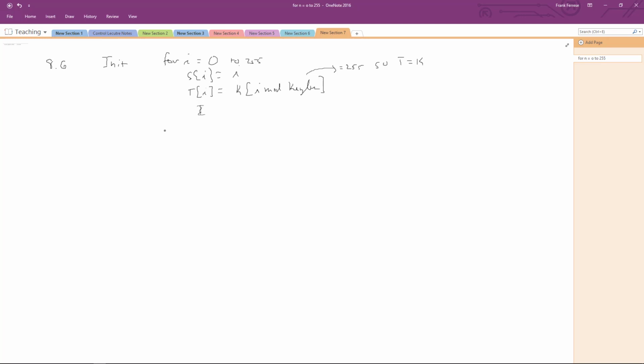So that's the initialization. Then the algorithm goes on. We set this value j to 0, and we start another loop. Now i is going to range from 0 to 255 once again, and j is going to go to j plus S sub i plus T sub i mod 256.